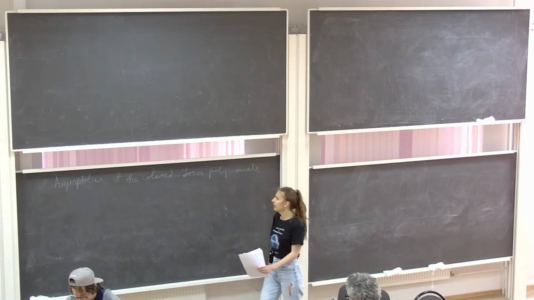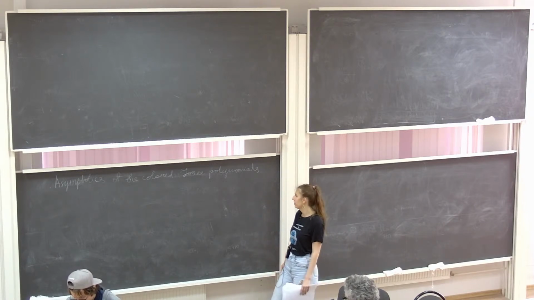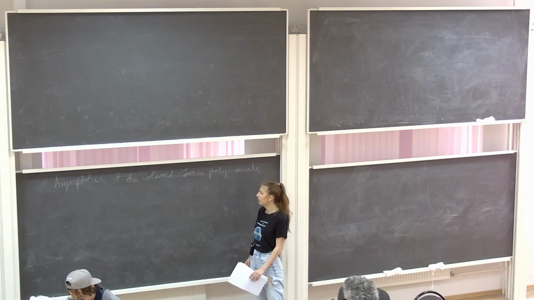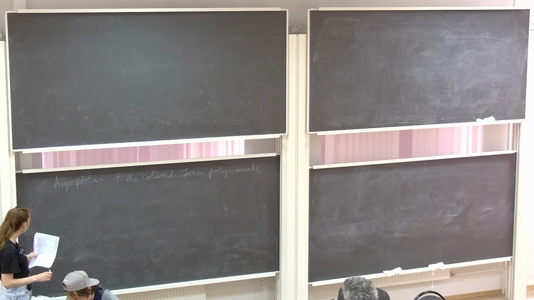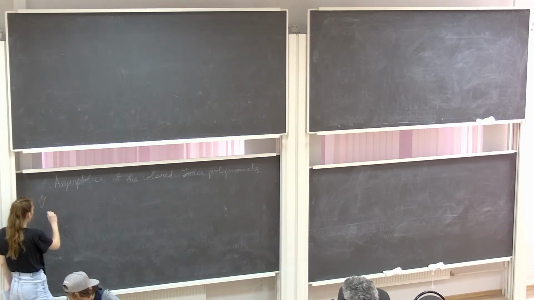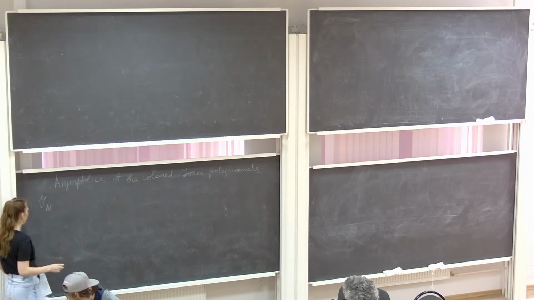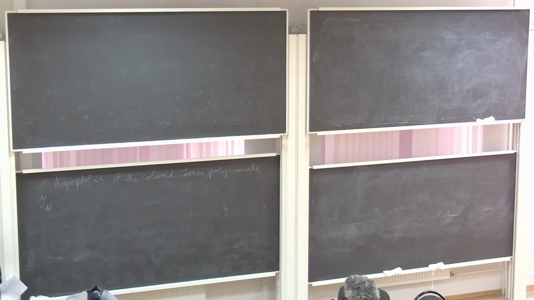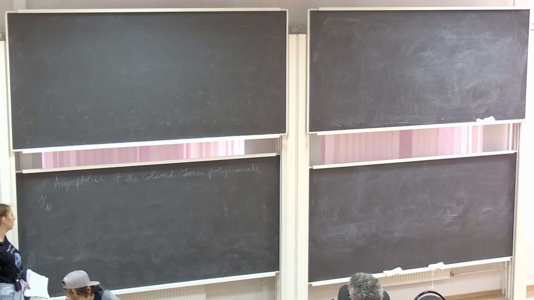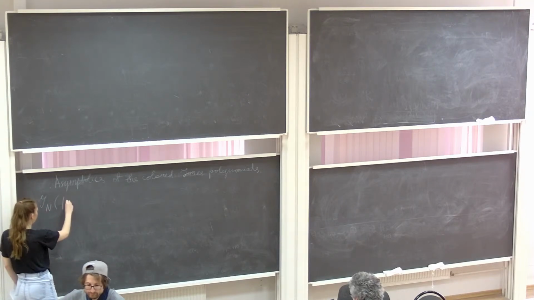Okay, so I don't want to give the full definition of colored Jones polynomials, but I'm going to say that it is a family of polynomials that depends on some parameter n, which corresponds to the n-dimensional irreducible representation of SL2. It depends also on some knot.